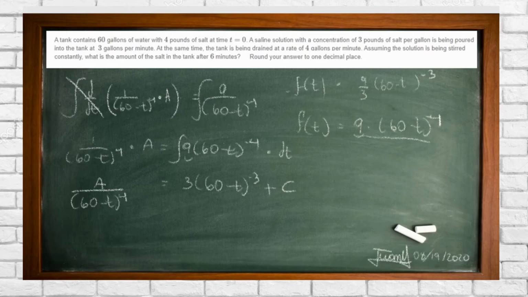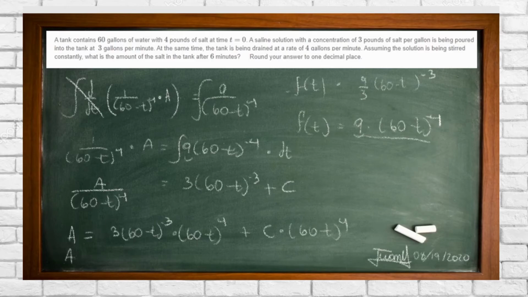All right, so now we can write A as 3 times (60 - t)^-3 times (60 - t)^4 plus c times (60 - t)^4.